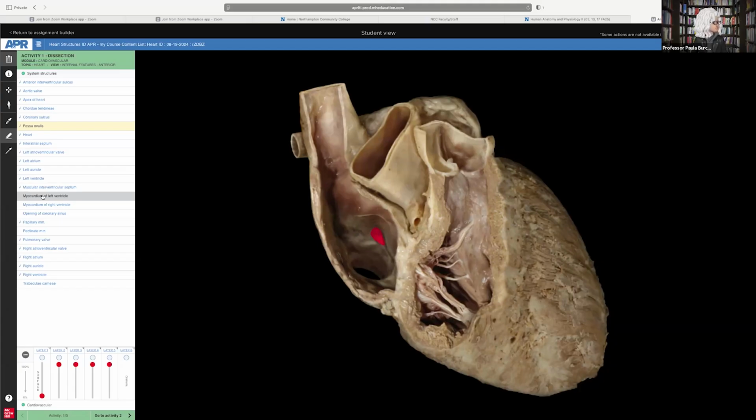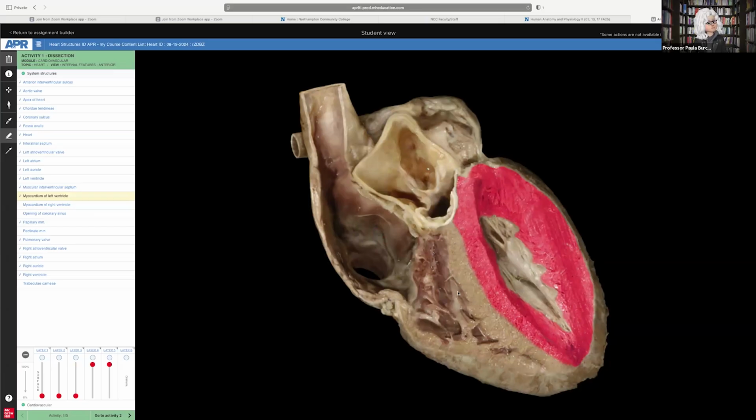The wall of the heart is going to have three layers. Starting from the outermost layer, covering the surface of the heart, you're going to have the epicardium. Epi means on the surface. The thickest layer of the heart is going to be the myocardium, which is all of this muscle-looking stuff. So let me get rid of the highlight.